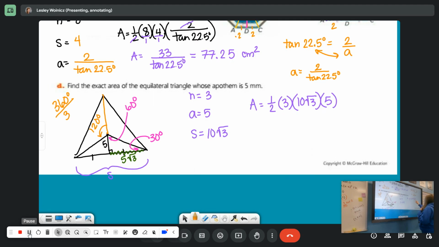Okay. 2 divides 10, it goes in 5 times. So I have 5 times 5 is 25, times 3 is 75. So I'm getting 75√3 millimeters squared. Fun, fun, fun.